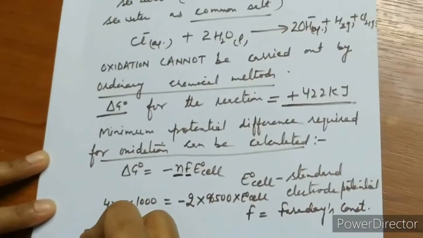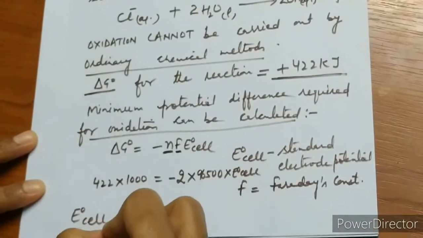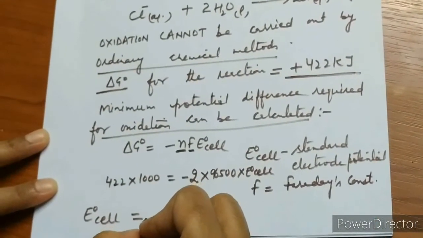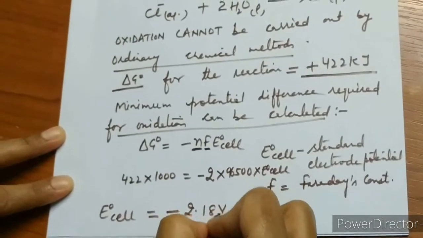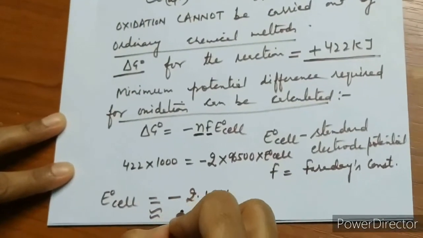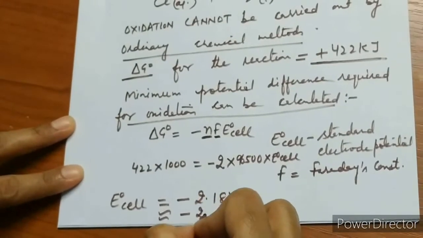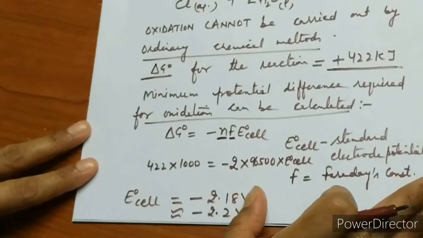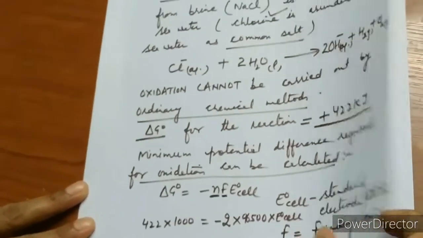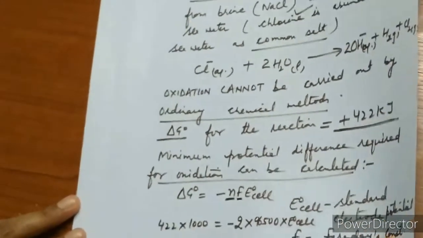So from this equation, E naught of cell is equal to minus 2.18 volt, or approximately minus 2.2 volt. So standard EMF for this cell will be equal to minus 2.2 volt.